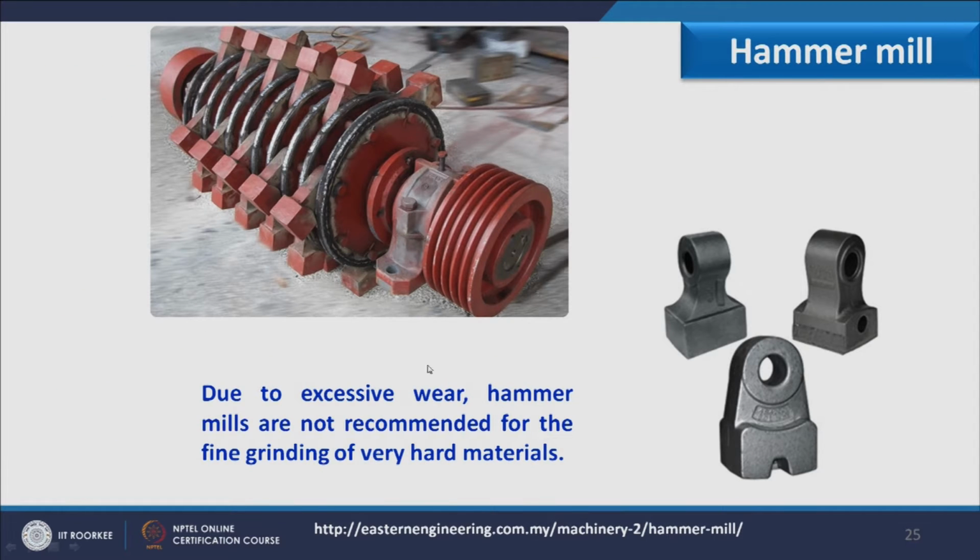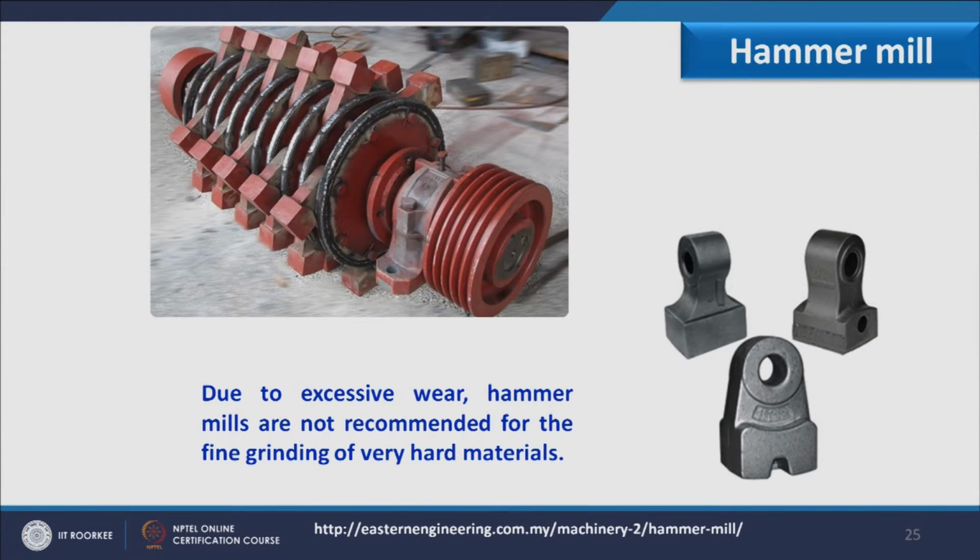If you see this photograph, here we have different rotating discs, and in between these, different hammers are placed. This complete roll is inserted into the case, and when feed comes from the top it rotates, and the hammers put impact on the feed and then it gets crushed.